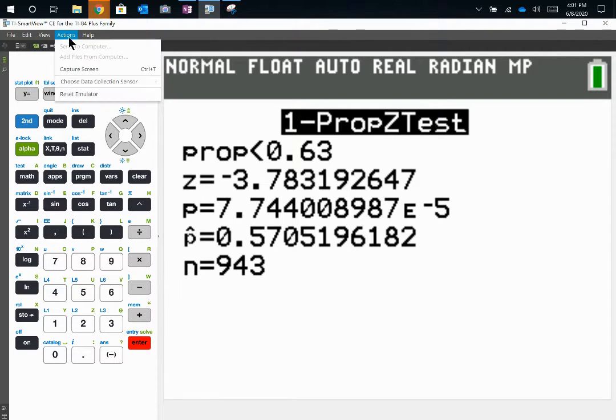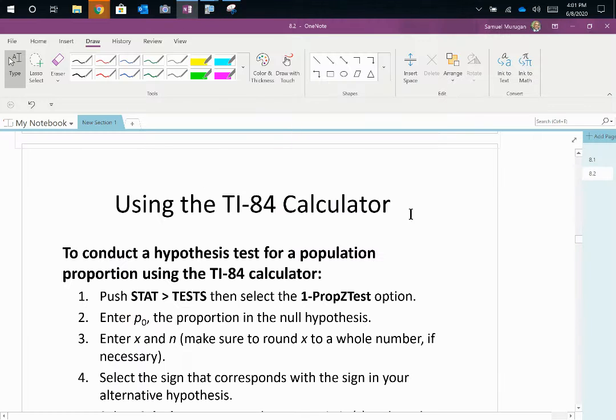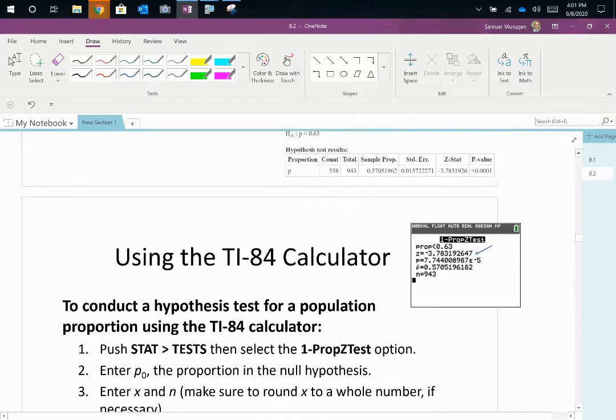To explain what these numbers mean, with the calculator, I'm getting the same z-stat, and then this is e to the negative 5th power.